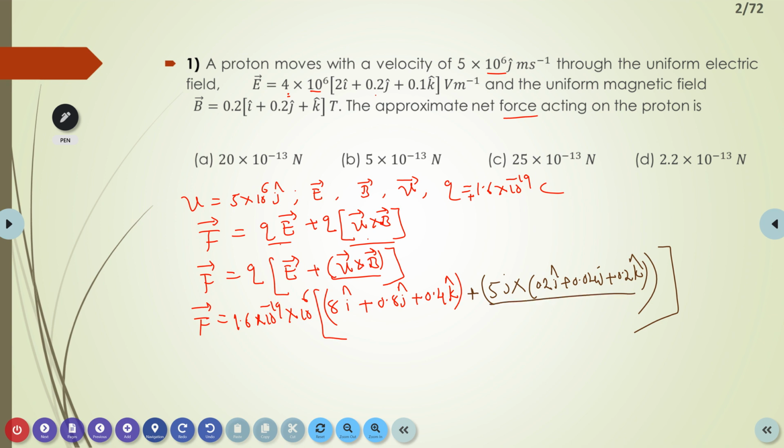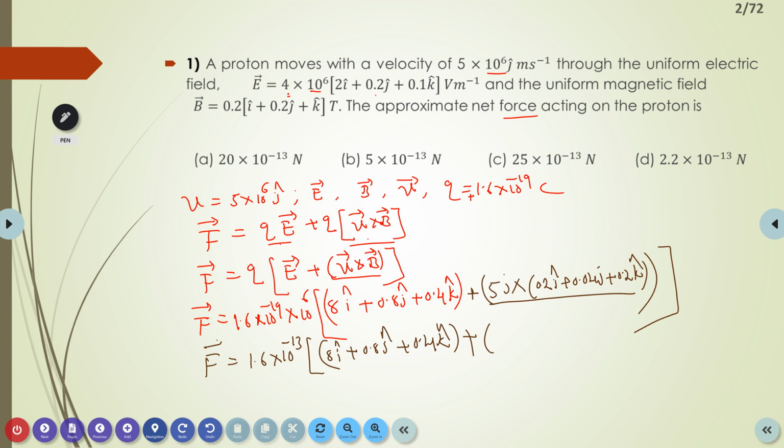Then finally, what you get is F bar equals 1.6 into 10 to the power of minus 13 into 8 i cap plus 0.8 j cap plus 0.4 k cap, plus this quantity, which using matrices you have to compute.